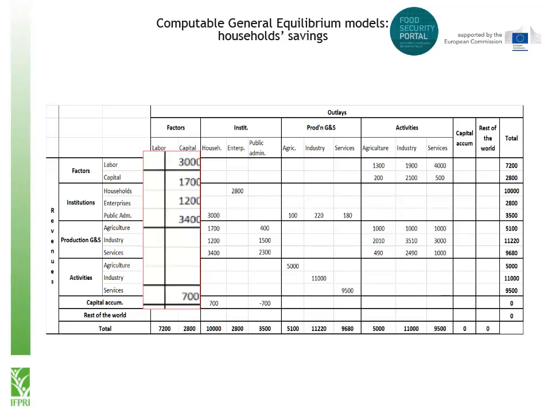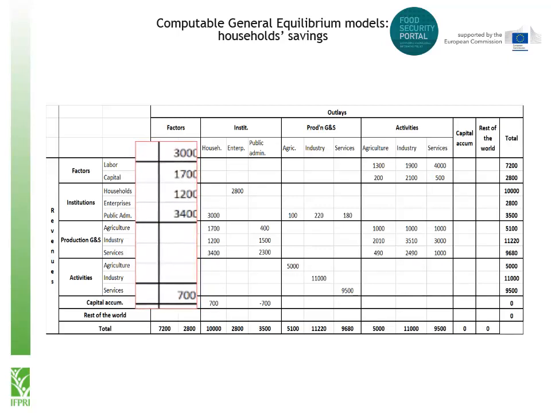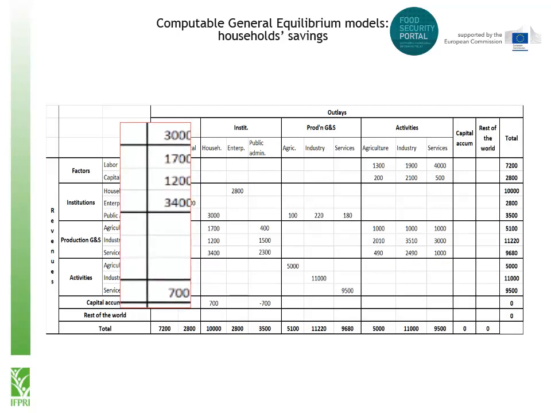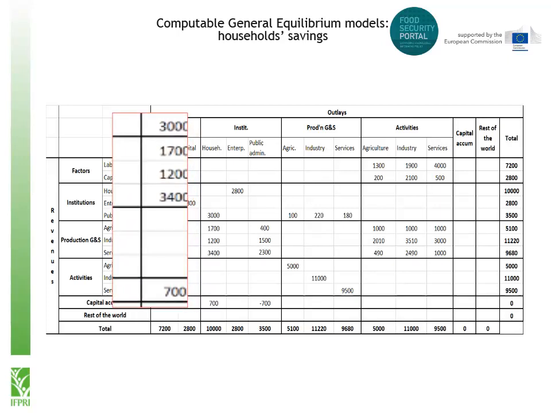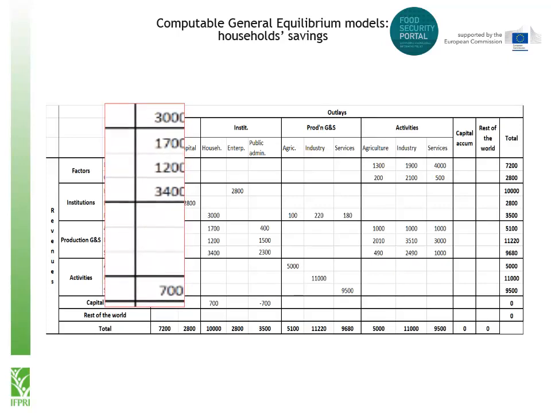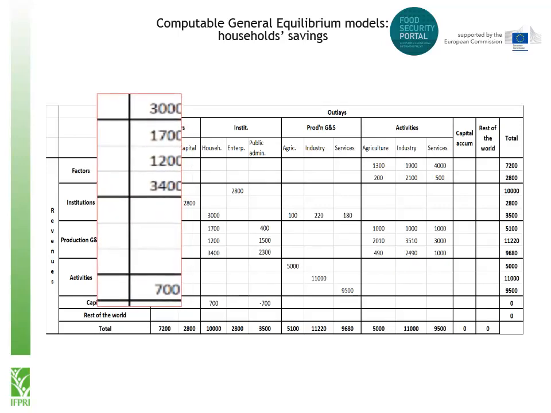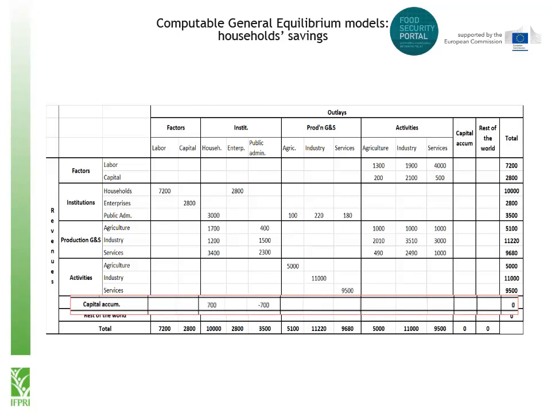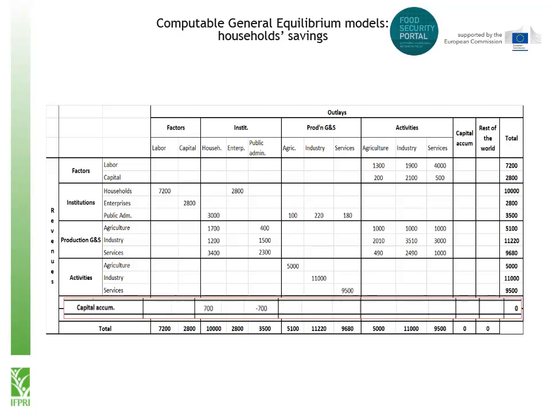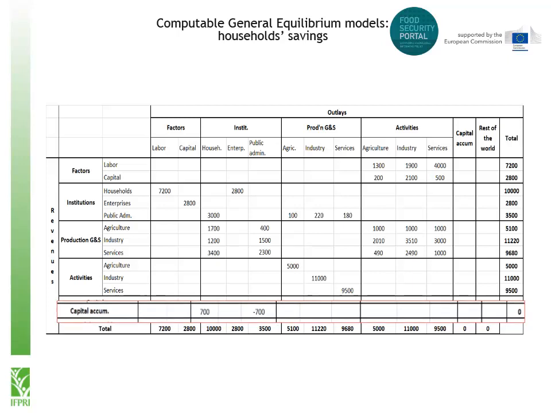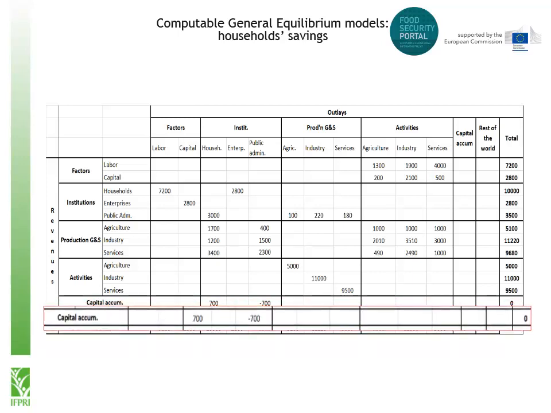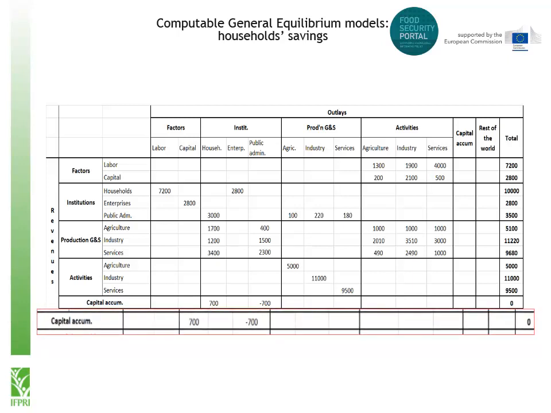And what is new here is that there is some savings. So at the row capital accumulations in the column households, we've got savings of 700. And it means that there is a net financing capacity. So there is a net financing demand, which is at the level of public administration. So in the column public administrations, at the row capital accumulations, you've got a public deficit of minus 700.